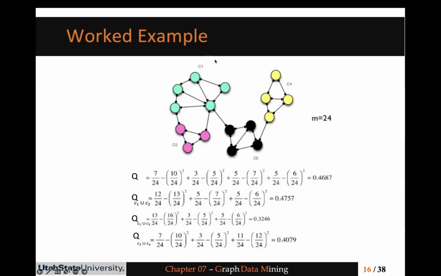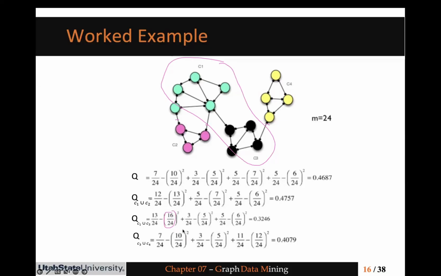If you take C1 and C3 over here, you have about 1, 2, and 3 edges which connect you with the external world, right? In addition to that, internally, there are 13 edges which link C1 and C3 with all the other internal nodes over here. So in addition to 13, I have 3 edges that I just highlighted. So 16 over 24 is my B factor for this new community of C1 and C3.